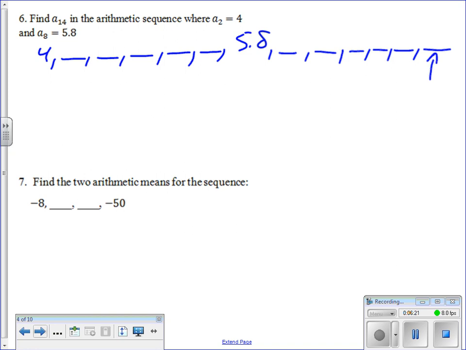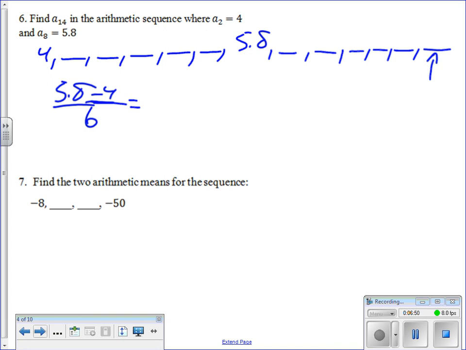Okay, there's a couple of ways to do this. First thing is you need D. To find D, take the term we have, 5.8, minus the term we have in front of it, 4, and divide it by, in this case, 1, 2, 3, 4, 5, 6 places.